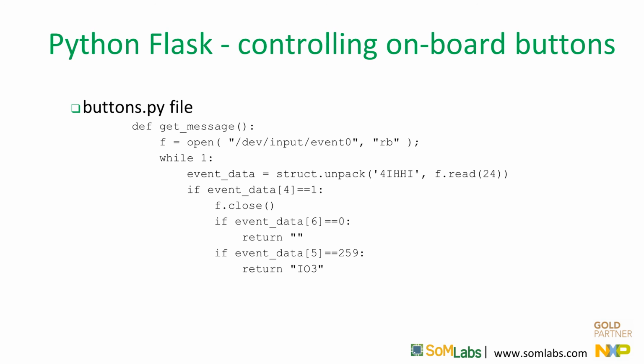Element number 5 is the button code. Those on the baseboard have values from 256 to 259, assigned in the device tree. The item number 6 is the state of buttons, 1 pressed and 0 released.